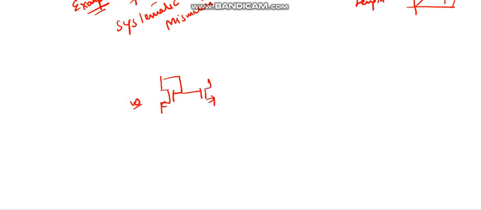Say this is W by L, and you want 2 IREF current, so you take 2W by L. That is also fine, but there is also a mismatch in width.